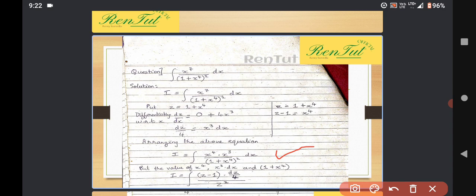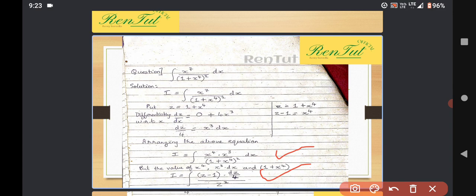So you have to put the value of x raised to 4. Then x cube into dx, and the denominator 1 plus x raised to 4, you are already aware it is z, and x cube dx is dz by 4, and x raised to 4 is z minus 1. So these all terms you need to substitute, and your equation will be converted to this form.